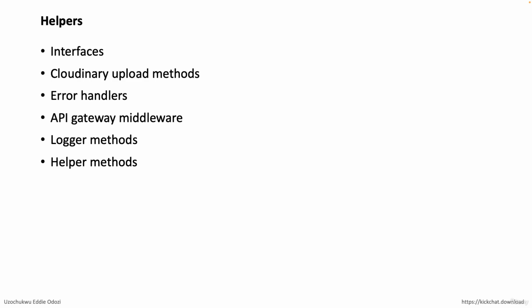And then lastly, we'll just create some helper functions, maybe a method to convert to uppercase or to convert to lowercase. We'll just create some helper methods. Okay, so these are the helpers that we are going to add into our library.